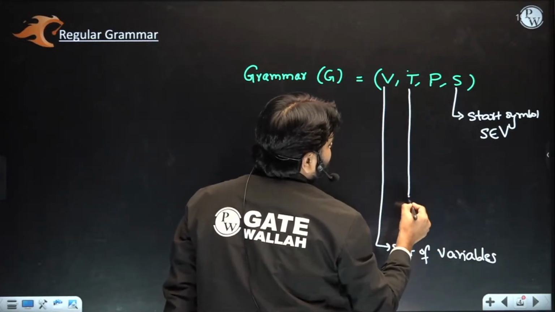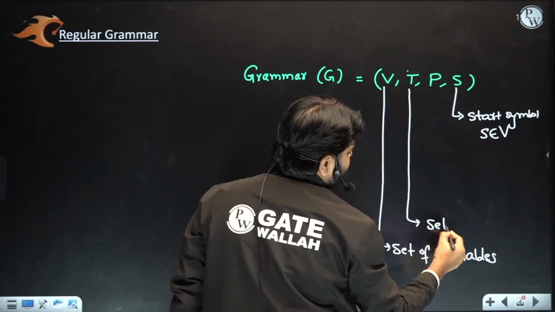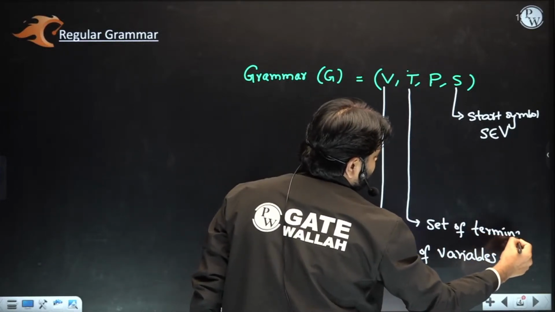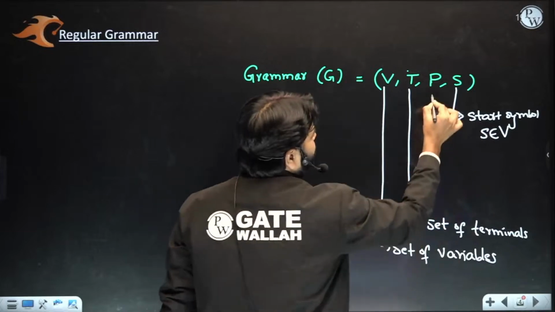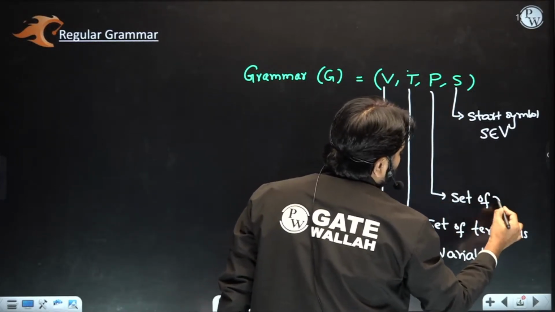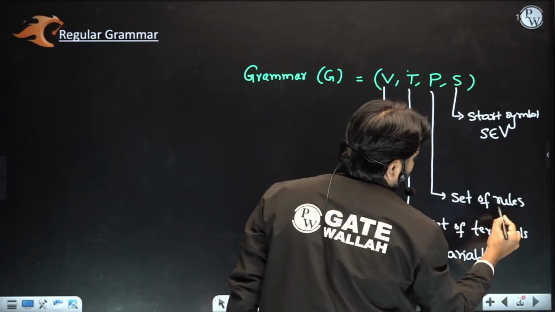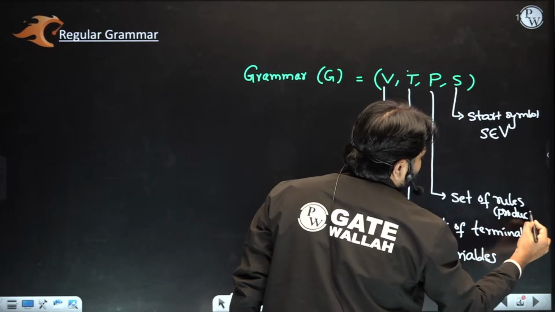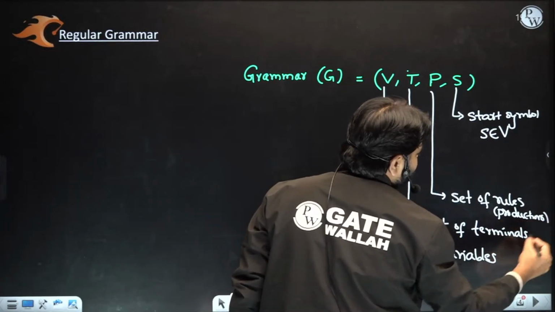And T is a set of terminals. We always try to represent them with the help of lowercase letters. P is the very important parameter, that is the set of rules, or you can call it the set of productions. Rules or productions. There are various types of rules. We'll see them.